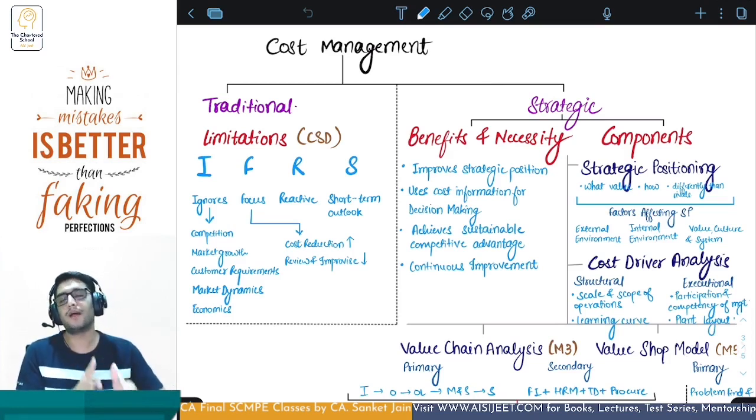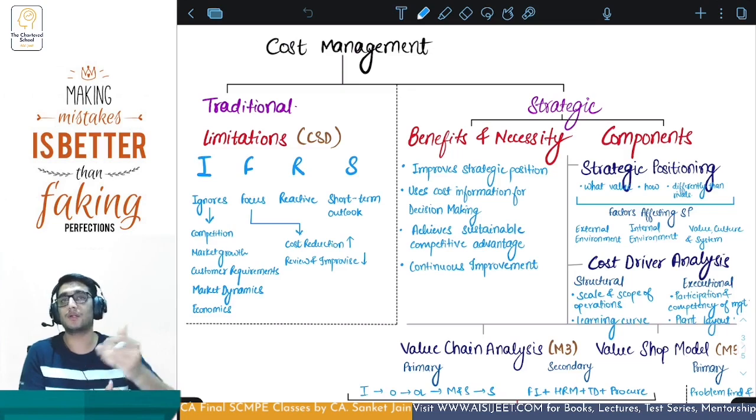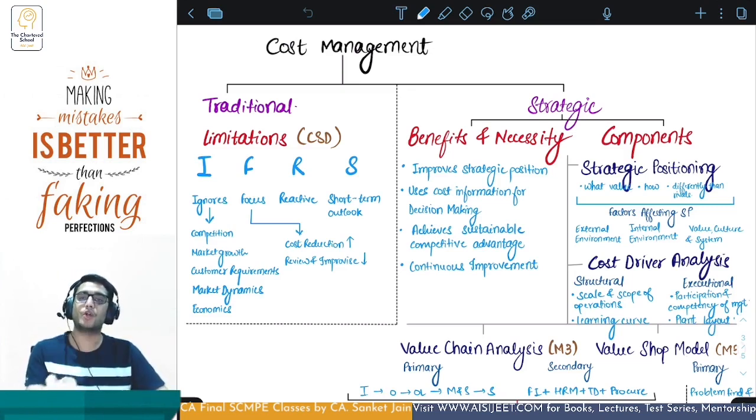Therefore, we are only focused on the cost numbers. So based on that, there is a short term outlook. We try to reduce the cost, and ultimately it leads to a different scenario in the long term. So for S, you have short term outlook, which is another limitation of TCM.